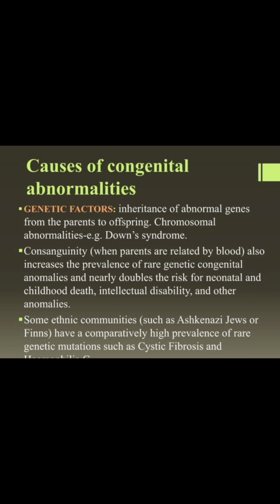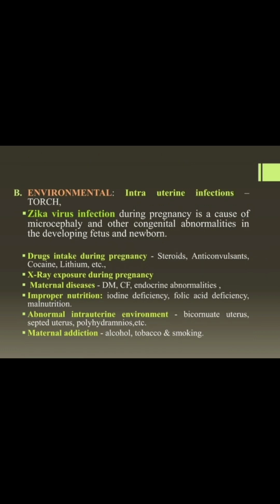Some ethnic communities have a comparatively high prevalence of rare genetic mutations such as cystic fibrosis and hemophilia C. So marriage between close blood relations is a main cause of this kind of congenital abnormality.